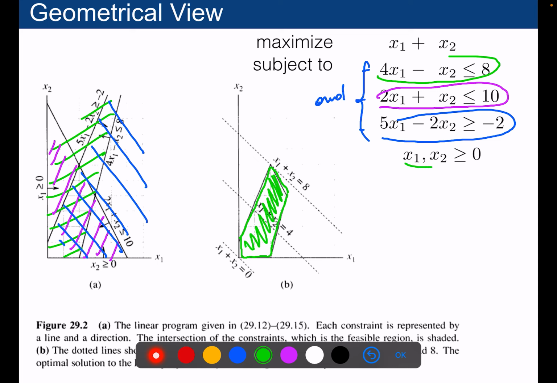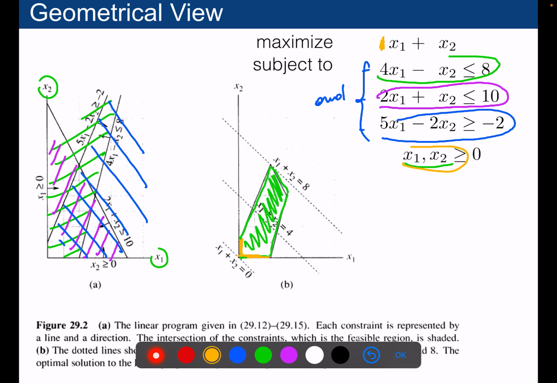The non-negativity constraint means that you need to be above the x1 axis and on the right of the x2 axis as well. If I take these 2 non-negativity constraints, which I put in yellow, this is this region.